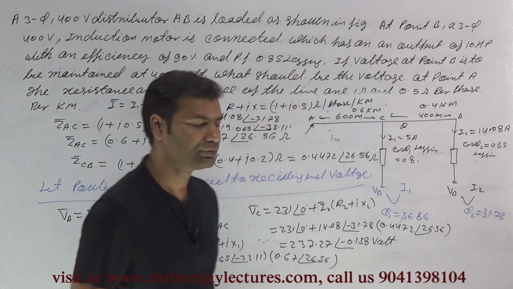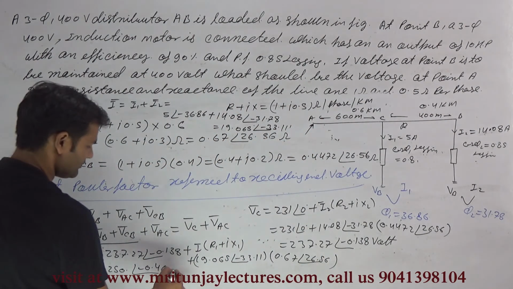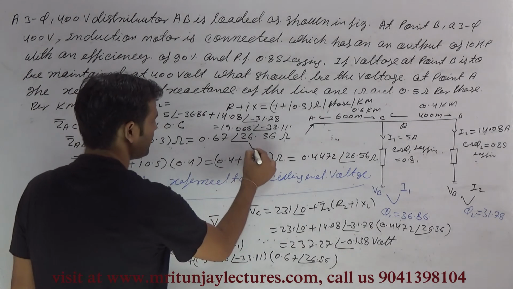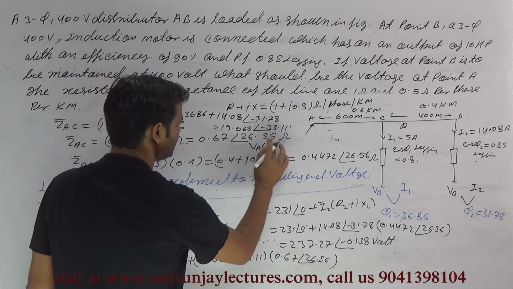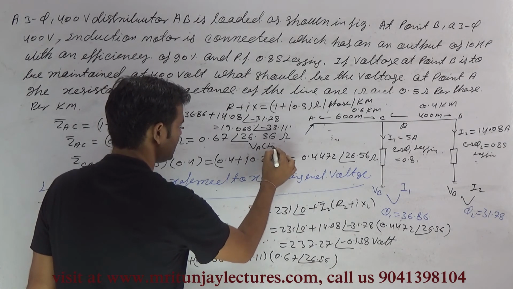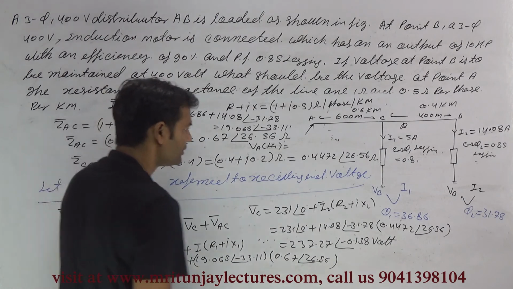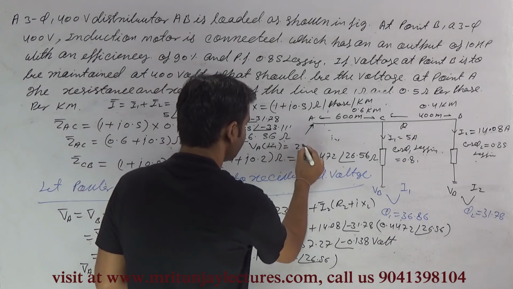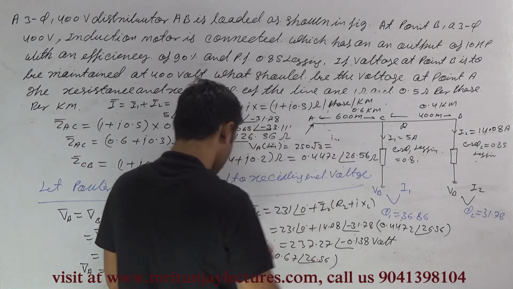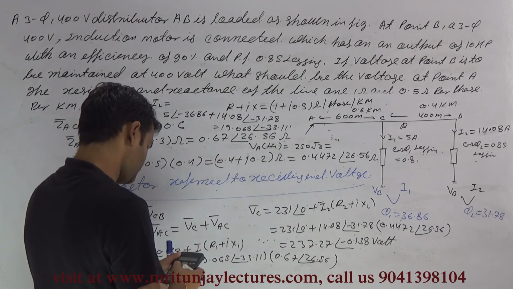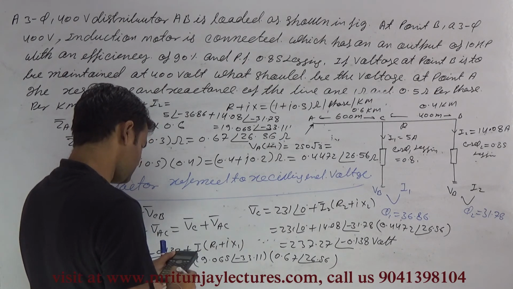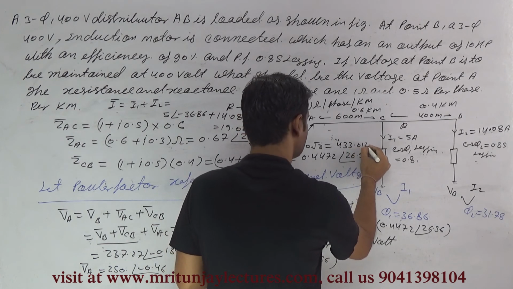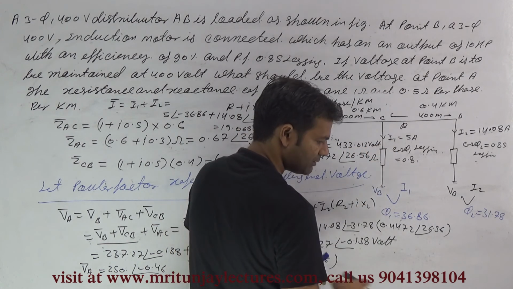This is the per phase voltage; we got VA as the per phase voltage. If multiplied by root 3, that is the line voltage: 250 into root 3. Finally we got 4330.12 volt. This is the final answer.